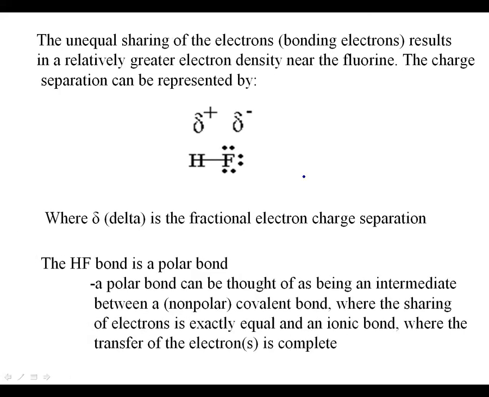So when we think about how to place those three types of bonding that we talked about, at one end here, we have an ionic bond. And again, that's between a metal and a non-metal.